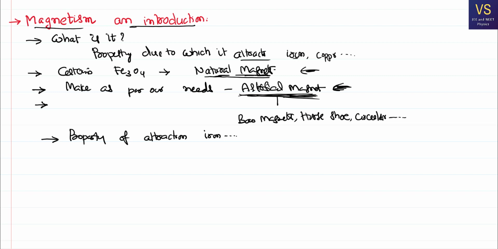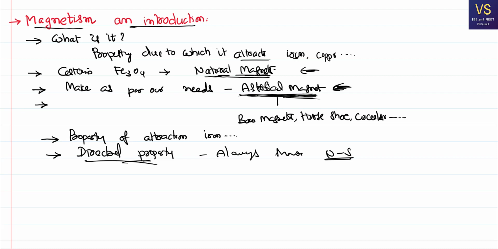We will handle it in the course. A magnet also has another property called the directional property. That means a magnet suspended freely always shows north and south directions on the earth. Why it shows this, we will handle later, but this property is called the directional property.